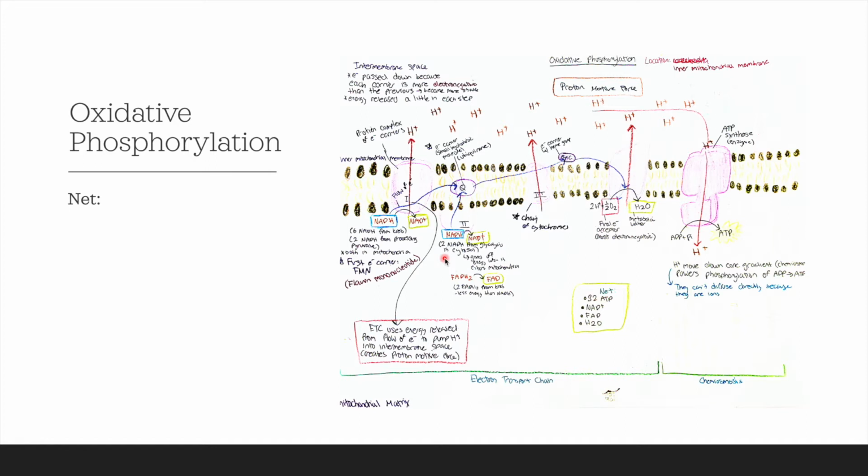The NADH from glycolysis comes from the cytosol, and so they give off energy when they have to enter the mitochondria. The FADH2 has less energy than NADH, so it has to come to the second protein complex. The NAD plus and the FAD molecules are then recycled back to glycolysis, pyruvate oxidation, or the Krebs cycle.